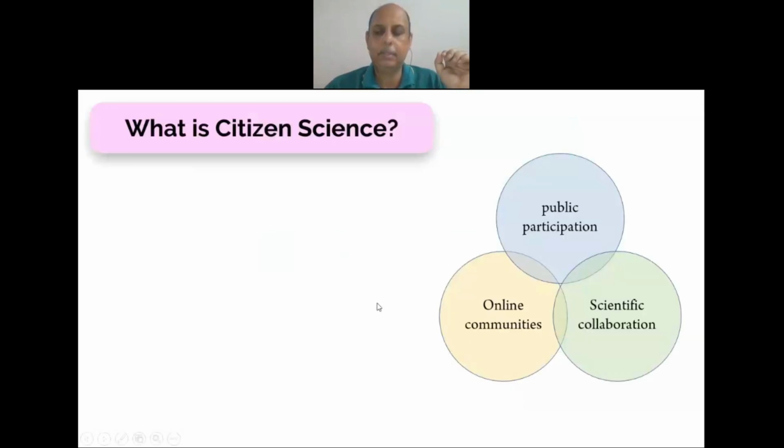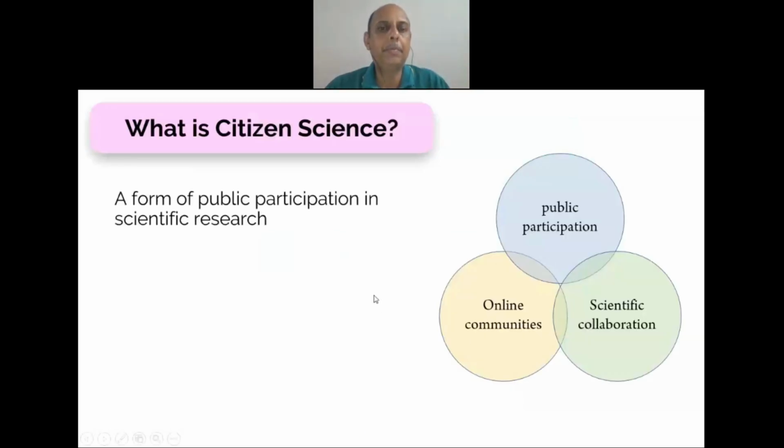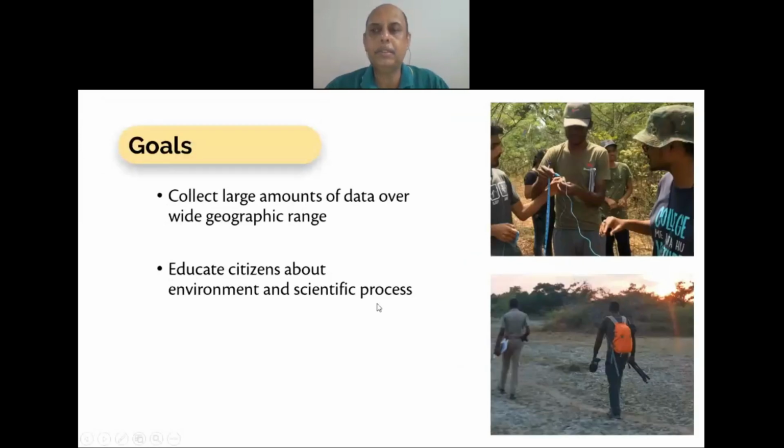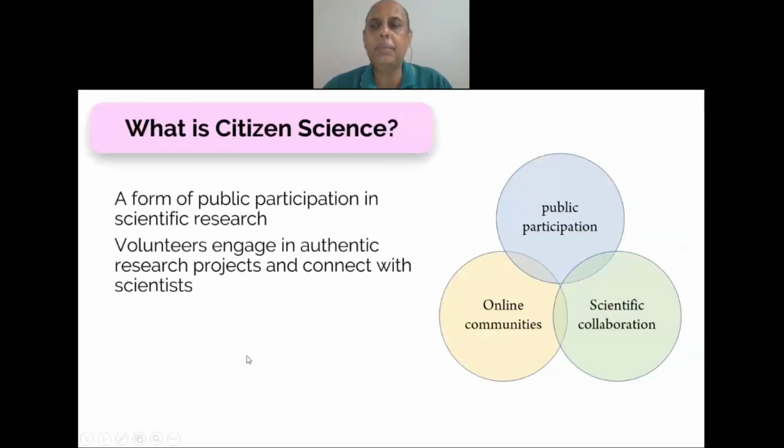So generally, citizen science is a form of public participation in science, so volunteers can be engaged. Tomorrow we are holding a session with around 20 students at Timber College. We will be doing moth trapping there. We have a natural forest inside Timber College.